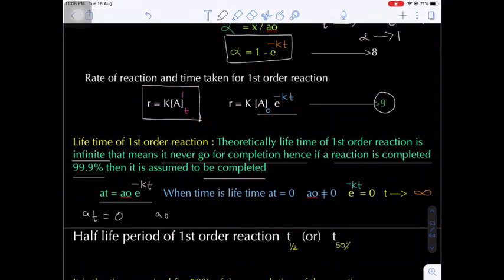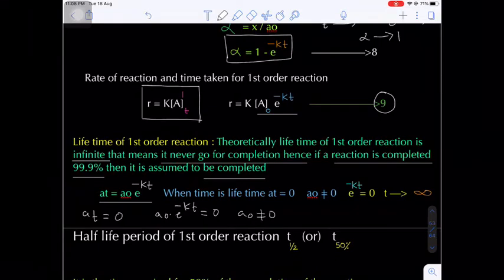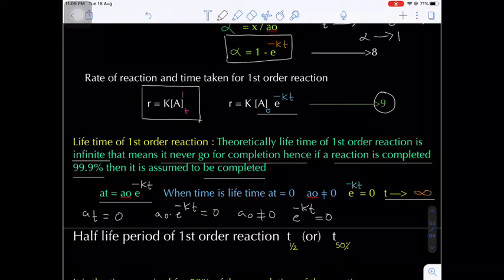That means A naught into e to the power minus kt should be equal to 0. Out of these two, A naught is not equal to 0 because the initial concentration is not 0. If it is 0, there will be no reaction. So definitely e to the power of minus kt should be equal to 0, which happens when the time approaches infinity. That means first order reactions never go to completion.